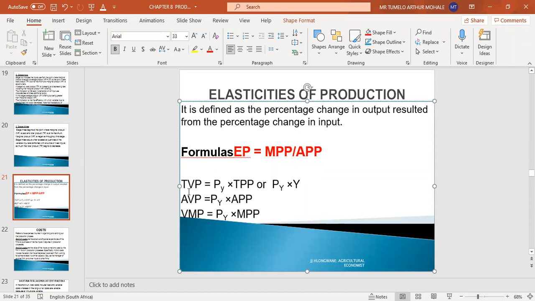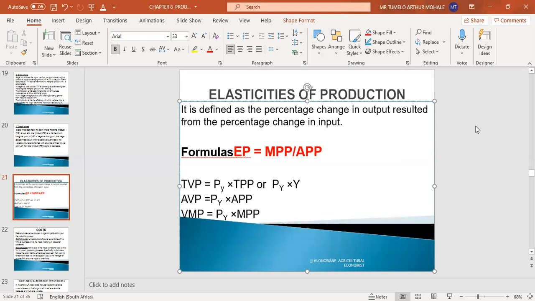So secondly, we have... Yes. Sorry to disturb. I was disconnected. So I wanted to ask, when they say we should interpret the elasticity of production, how do you interpret it?